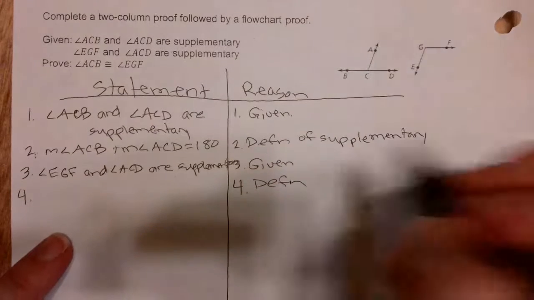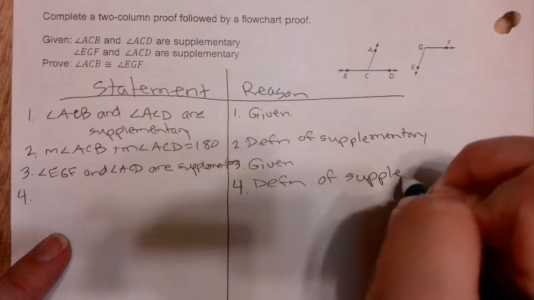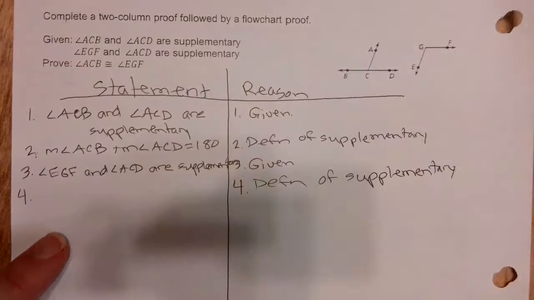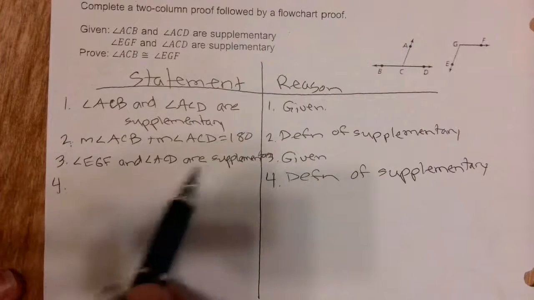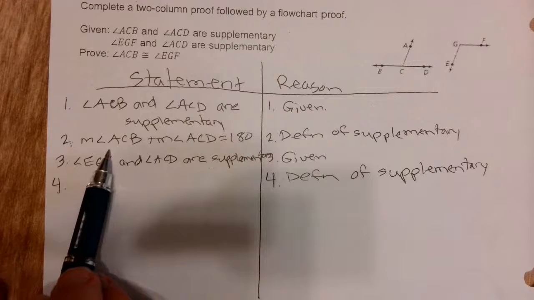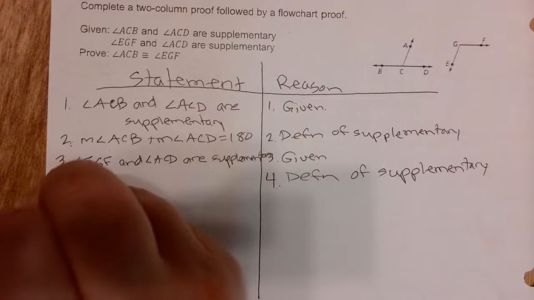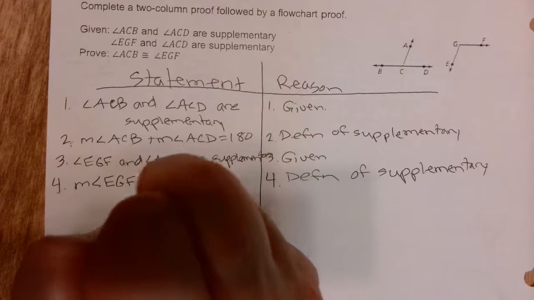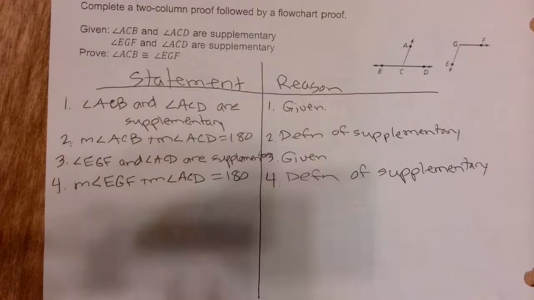The reason for line 4 is definition of supplementary. Pretty much guaranteed. Statement 4 is very, very similar to statement 2, except we need to use the new letters. The measure of angle EGF plus the measure of angle ACD equals 180.